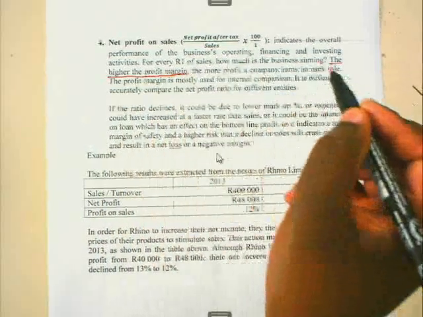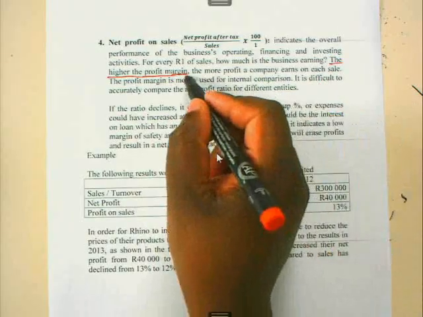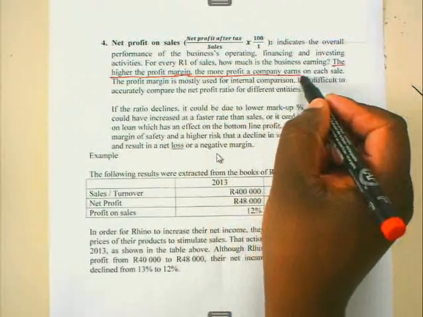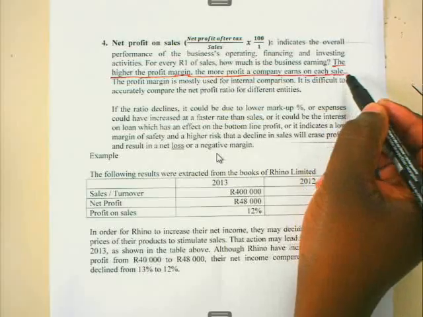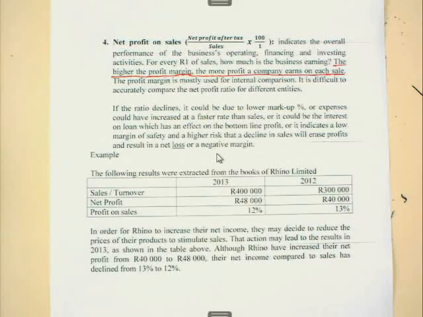The higher the profit margin, the more profit a company earns on each sale. When you calculate for 2 years and you find that the profit margin is higher, it means the company is earning more profit on each sale.